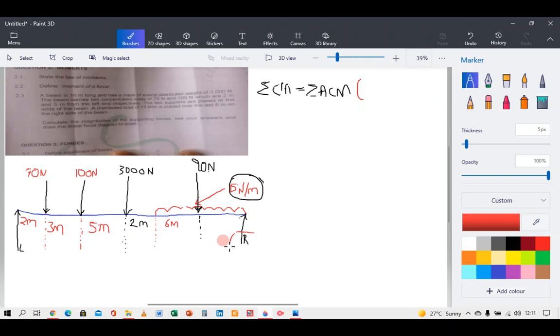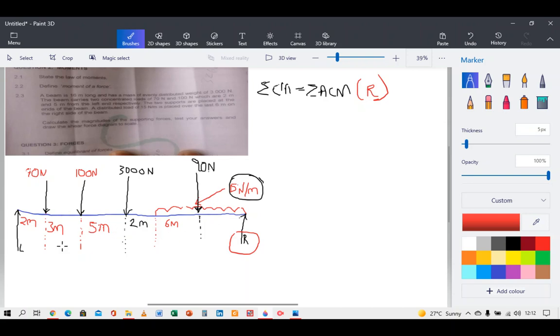And moment about R, this one. Let us take moment about this one, right? I will just write R, moment about R. Then we say the sum of clockwise equals to the sum of anti-clockwise moment, right?